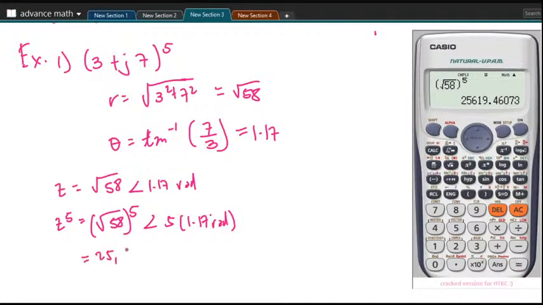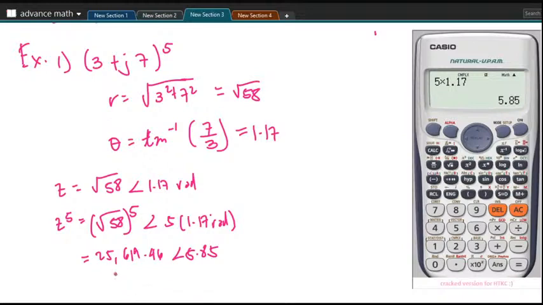Then the angle is just 5 times 1.17. This is equal to 5.85. So angle of 5.85.